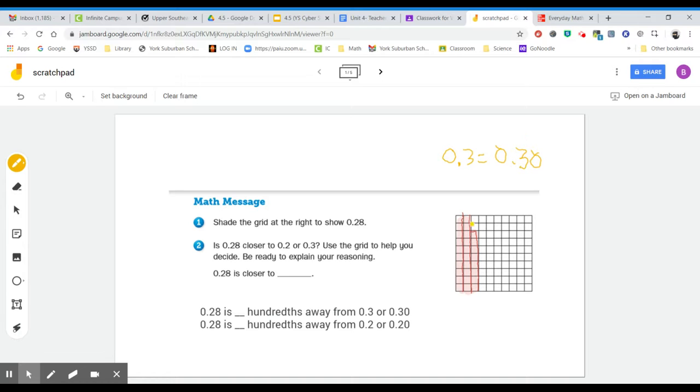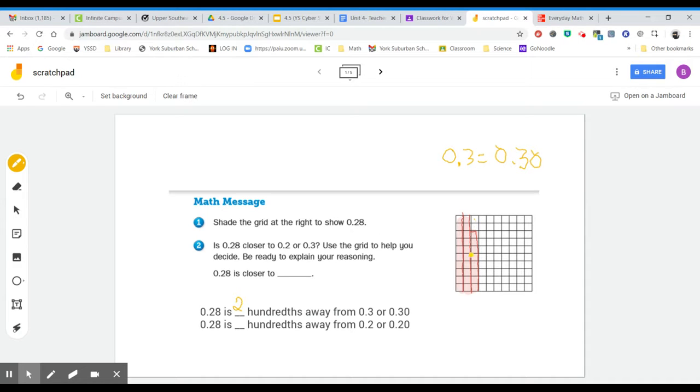So I have 28 hundredths, and you guessed it, I need to add 2 more. So 28 hundredths is 2 hundredths away from 30 hundredths, or call that 3 tenths. Okay, so we're trying to identify, is 28 hundredths closer to 3 tenths or closer to 2 tenths?